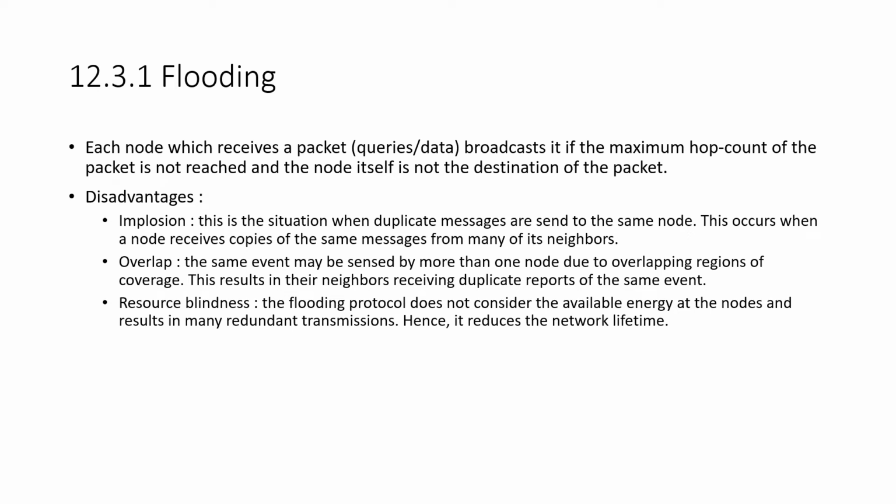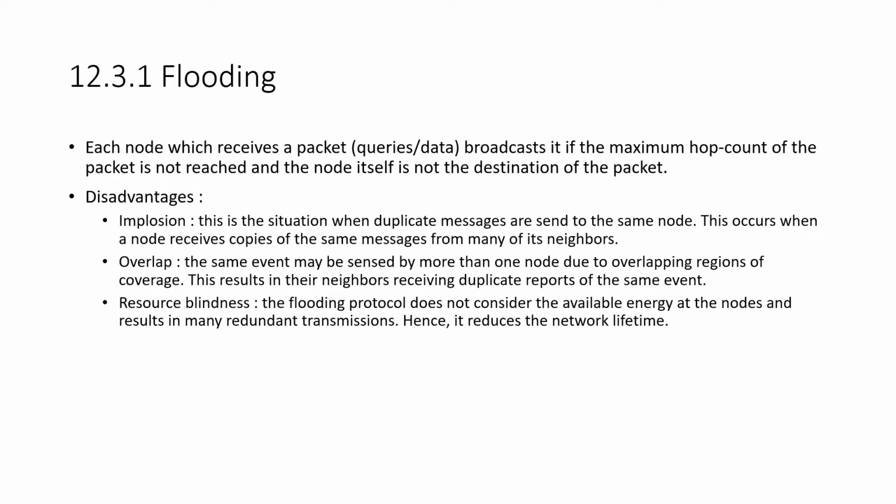Implosion is the situation when duplicate messages are sent to the same node. This occurs when a node receives copies of the same message from many of its neighbors. Overlap: the same event may be sensed by more than one node due to overlapping regions of coverage.